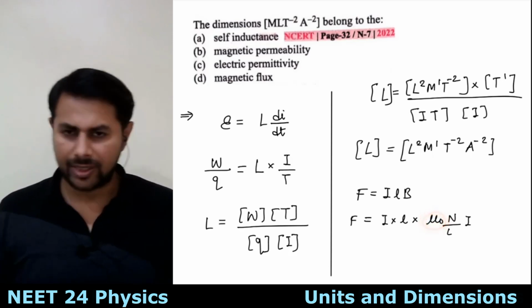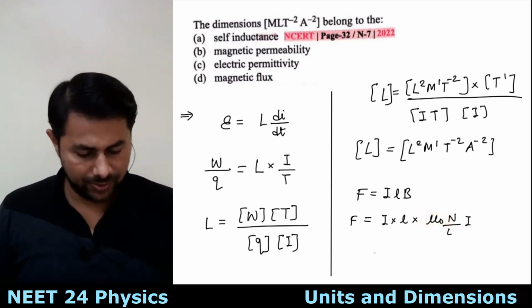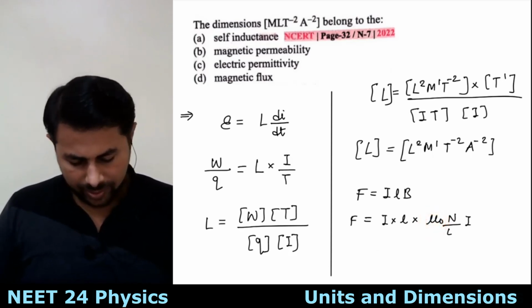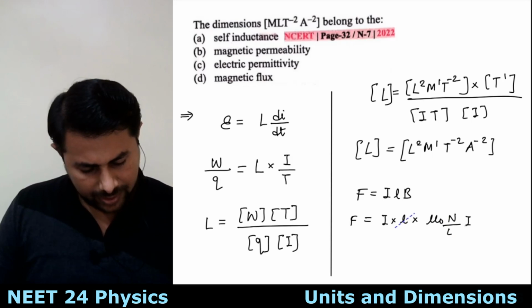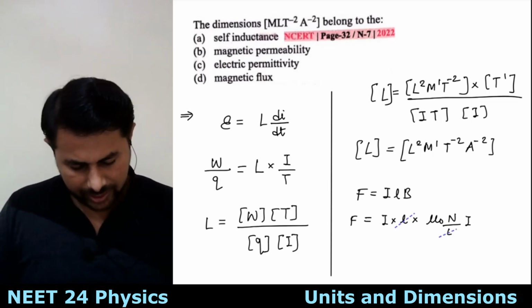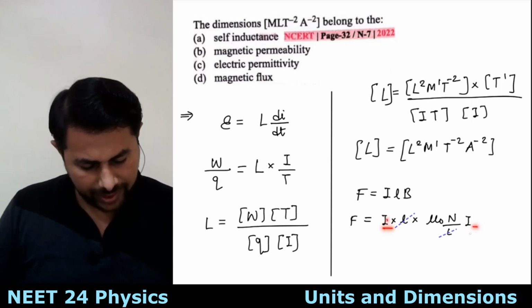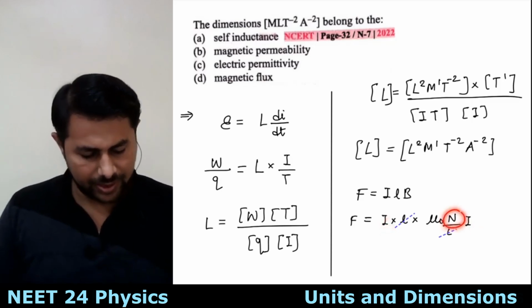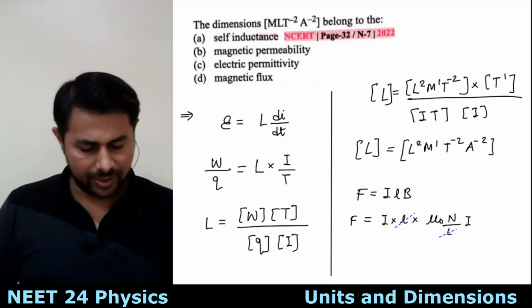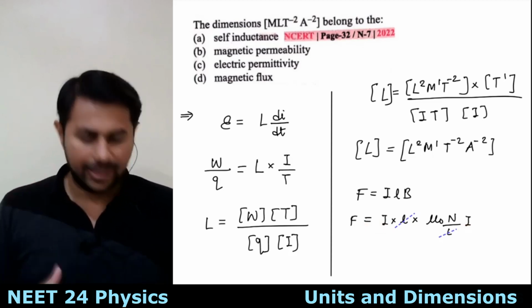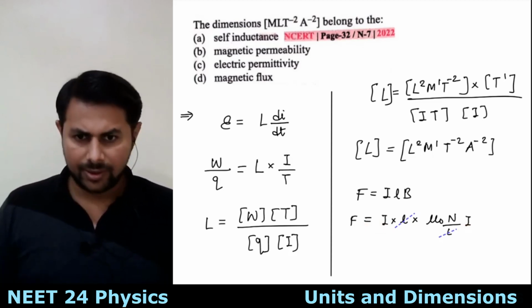Okay, so let's see whether this one matches. Here you have length and you have length, so this gets cancelled out, I guess. And then what's there? I means A square is there. Number of turns doesn't have any unit, so you have mu naught divided by this I square, and on the other side it will become A raised to minus 2, right?